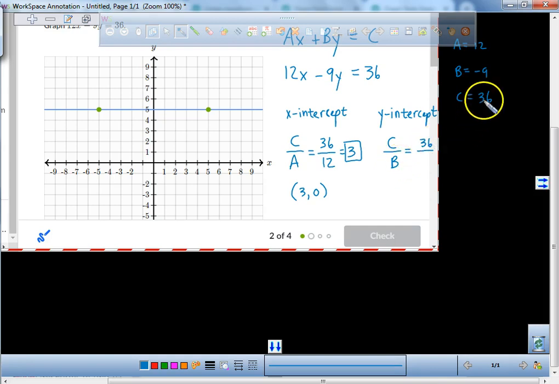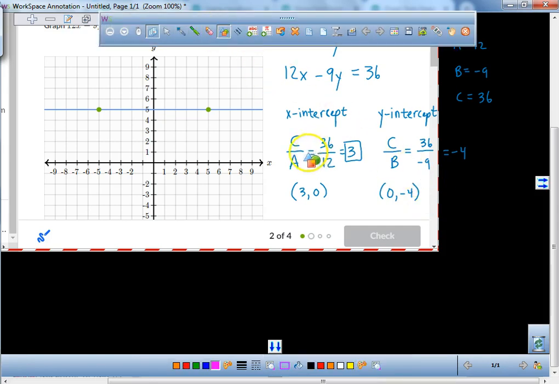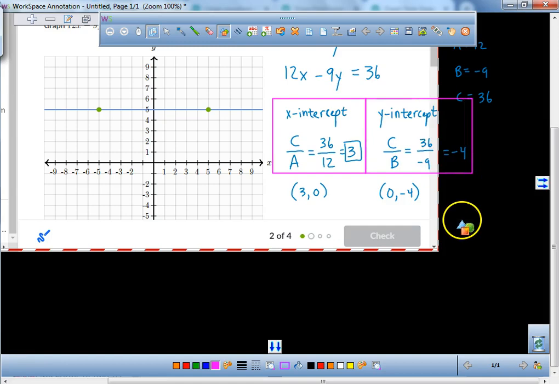So we take c, which is still 36, we divide it by -9, and that gets us -4, but you have to know how to plot the ordered pair (0, -4). This is the formula way. So in your journal, remember the x-intercept is always c over a, and the y-intercept is always c over b. If you can remember those two things, these problems will be very, very easy.